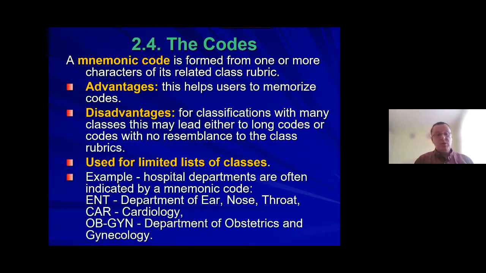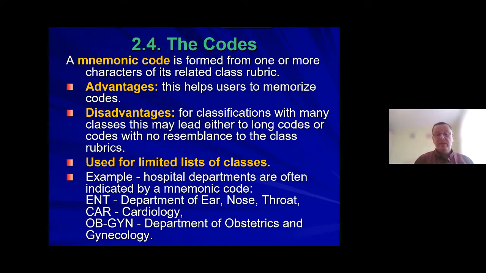Another approach is mnemonic codes, formed from one or more characters in the related class rubrics. The advantage is that it helps users to memorize the code. The disadvantage is in a classification with many classes.